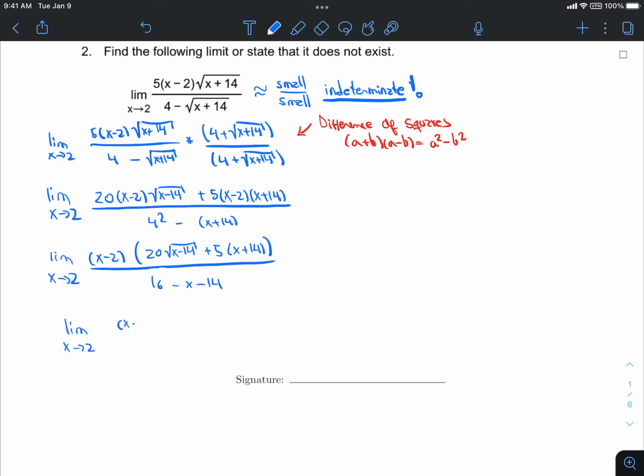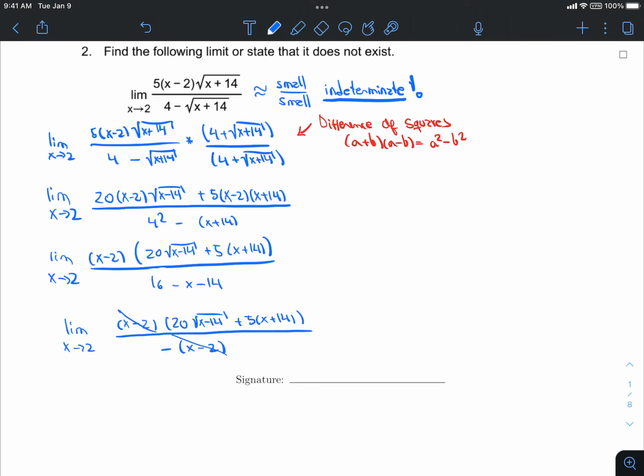Repeat the top. Oh, this is minus x minus 2. And that is what allows me to cancel these two out.